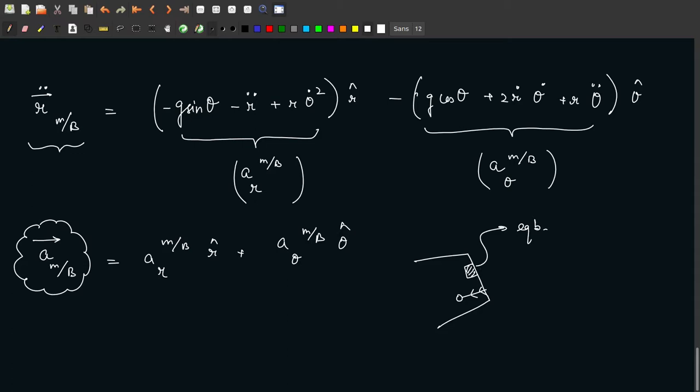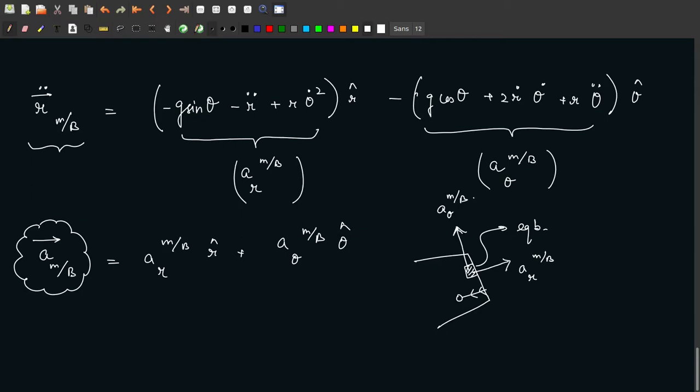What he measures is the acceleration component A r of m comma b, that is the acceleration of the mass with respect to the bucket. He measures these two components, this one and this one, and this is A theta of the mass with respect to the bucket.